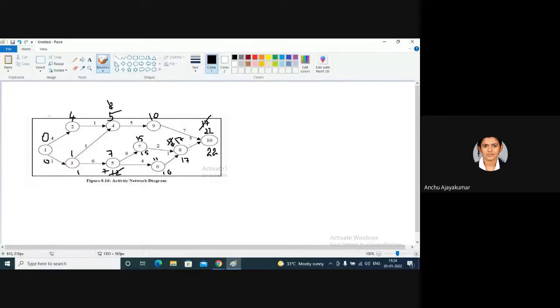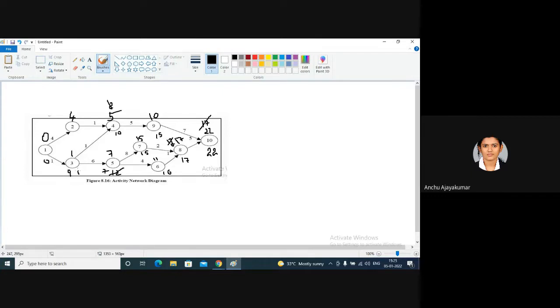We have one more path. 22 minus 7, sorry, 22 minus 7, we will get 15. 15 minus 5, we will get 10 here. 10 minus 1, you will get 9 here.